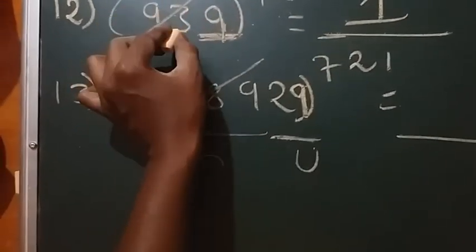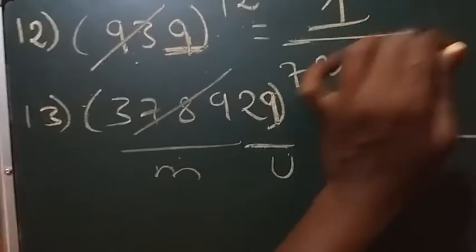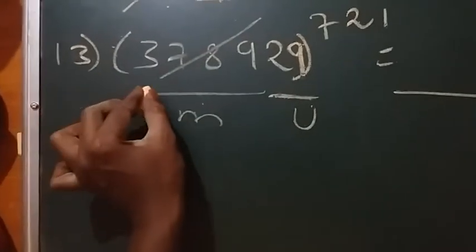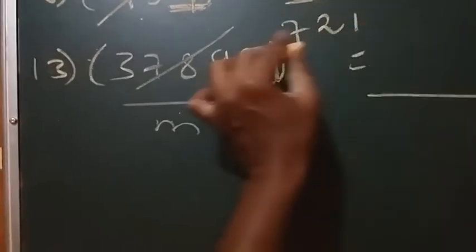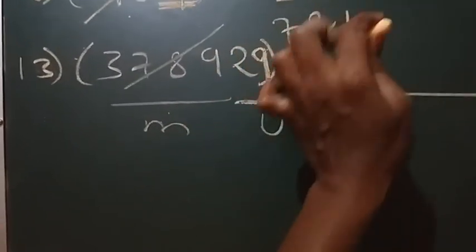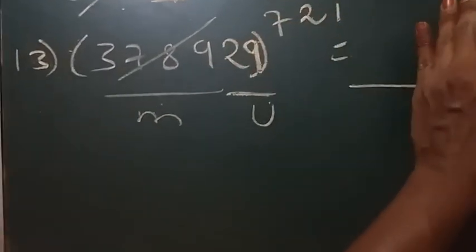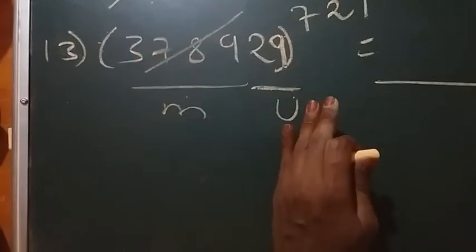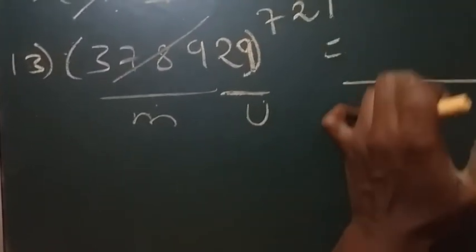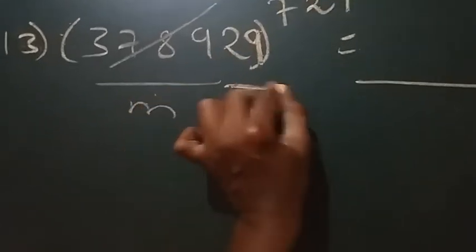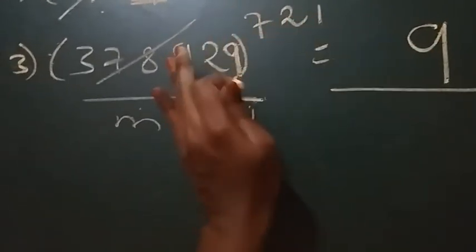The units place for 939 whole power 12 is 1. 13th one, 378929 whole power 721. Here u is 9 and power is odd. 721 is an odd number. Whenever you want to find the units place for 9 power odd number, you will get the units place is 9 only. That means u only.